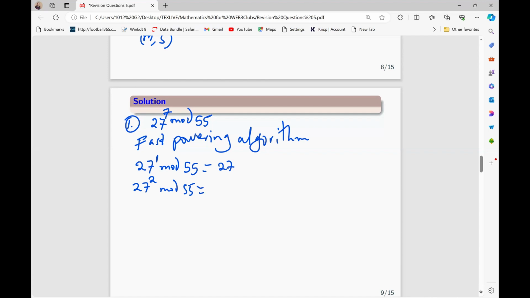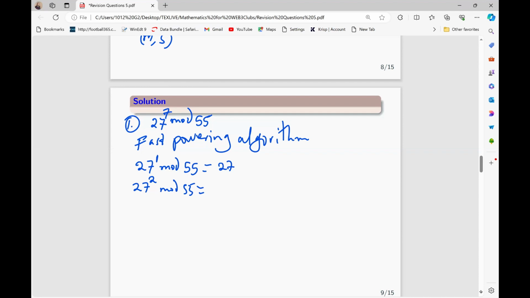Let's just do it very fast. 27 times 27 is 729. Just use your calculator so that we don't write what is not correct. Let's divide by 55.